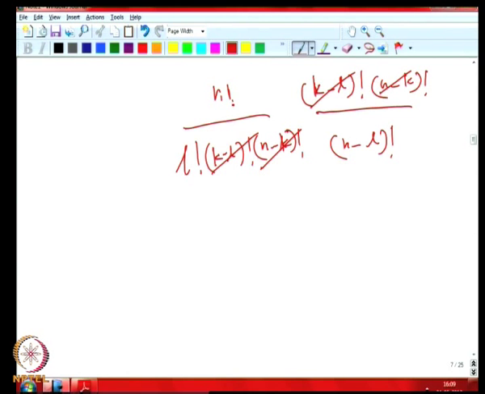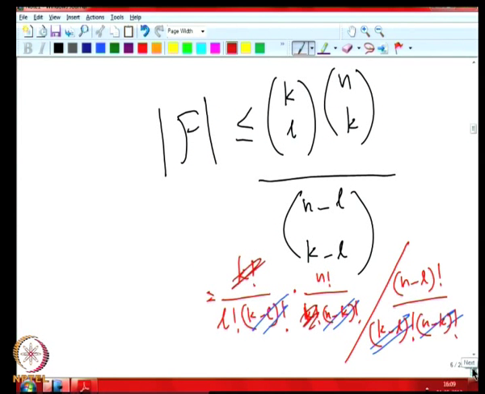So what do we get? Finally we get n factorial divided by L factorial into n minus L factorial. This is what we get. That is n choose L. So finally what do we want to get?